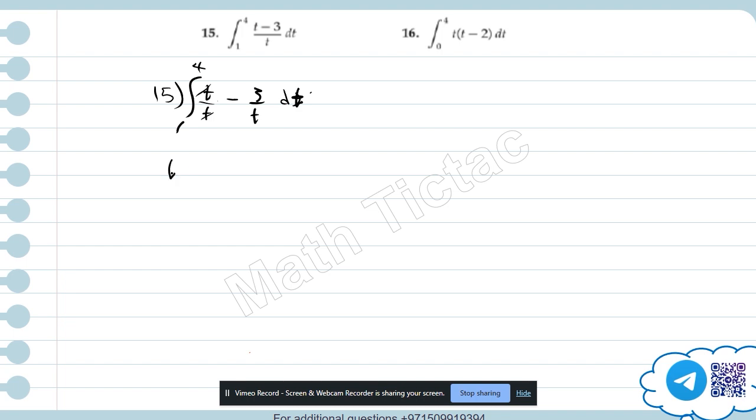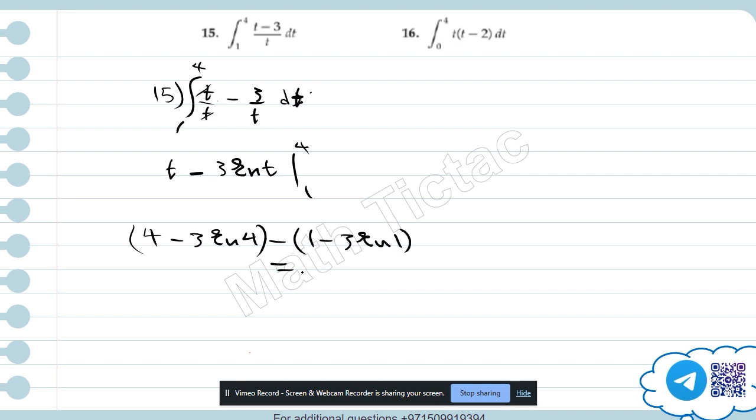The integration of 1 is equal to t, and minus 3 ln t, because the derivative of ln t is 1 over t. So then from 1 to 4: the substitution of the upper, 4 minus 3 ln 4, minus 1 minus 3 ln 1. Then just find the final answer.